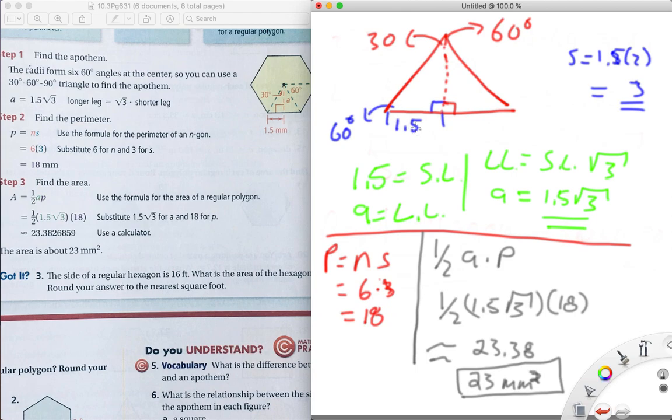That 1.5 is also half of the whole side, so if I multiply it by 2, I get the side, which is 3. The perimeter is the number of sides times 3, and the number of sides is 6 since it's a hexagon. 6 times 3 gives me the perimeter of 18. To find the area, I multiply the apothem times the perimeter times 1/2, which gave me 23 millimeters squared.